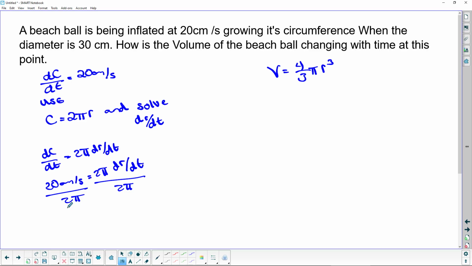Okay, 20, sorry, divided by 2 pi. Okay, 3.18.